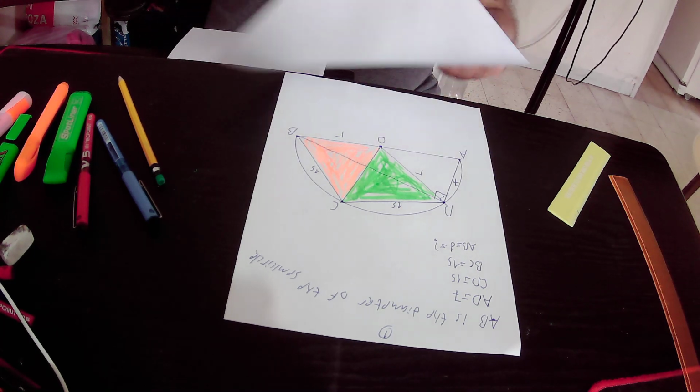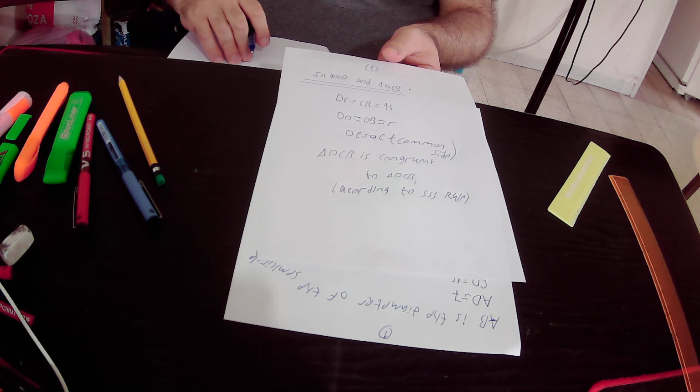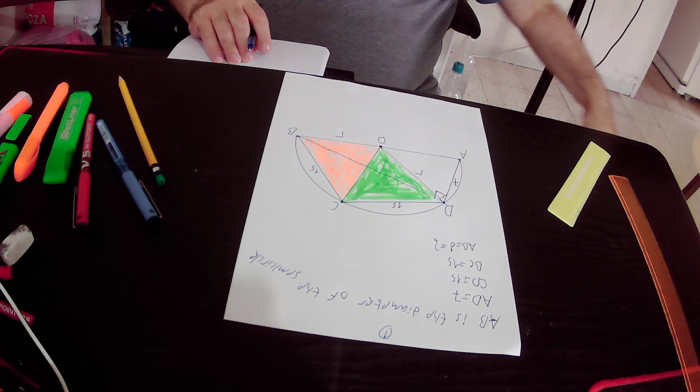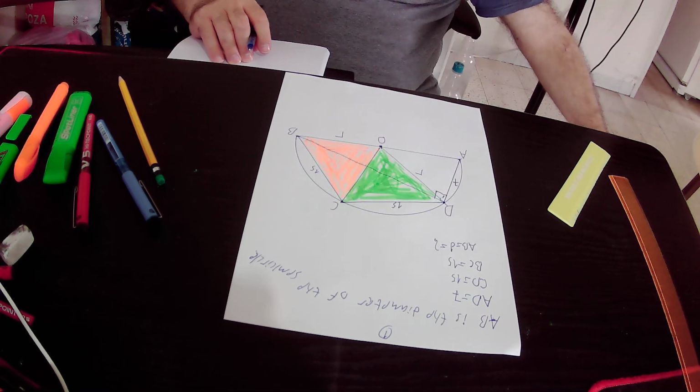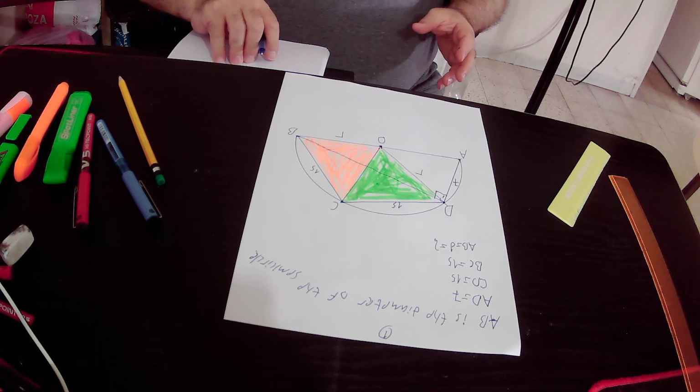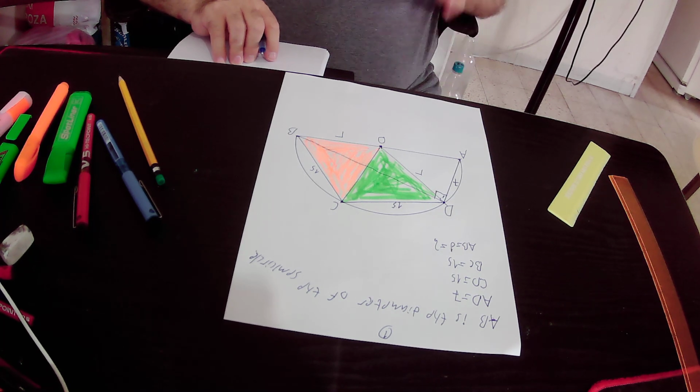Okay, so the green triangle is congruent to the orange triangle according to side rule. Actually, when you prove that all the sides of one triangle are equal to all the sides of the other triangle, then those two triangles are congruent to each other according to side rule.